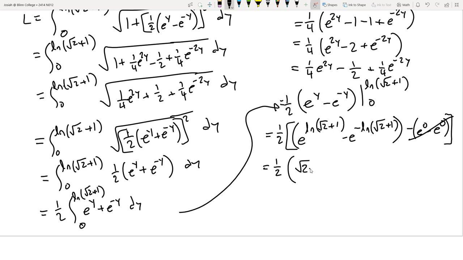root 2 plus 1 minus 1 over root 2 plus 1, right? That negative on the outside of the log, we use that to basically make this guy a denominator, right? It's a negative first power. So we're going to have to figure out common denominator here, add these together.